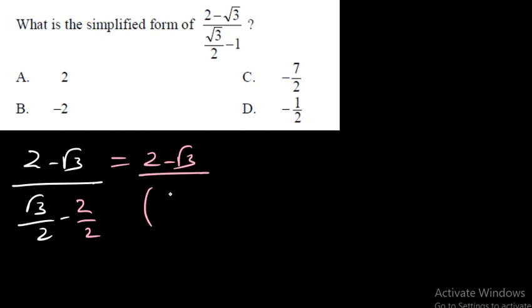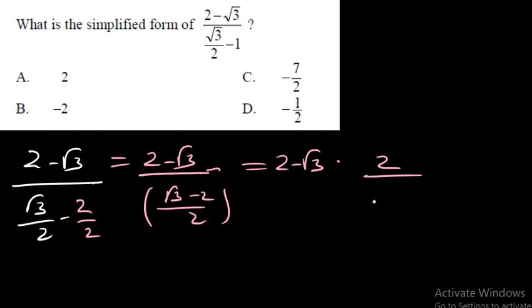I can write it as radical 3 minus 2 over 2, because the bases are now the same. So I can flip this one: 2 minus radical 3 times 2 over radical 3 minus 2. This means over 1, don't forget, because these are together in one fraction at the bottom. So we can flip it and multiply.